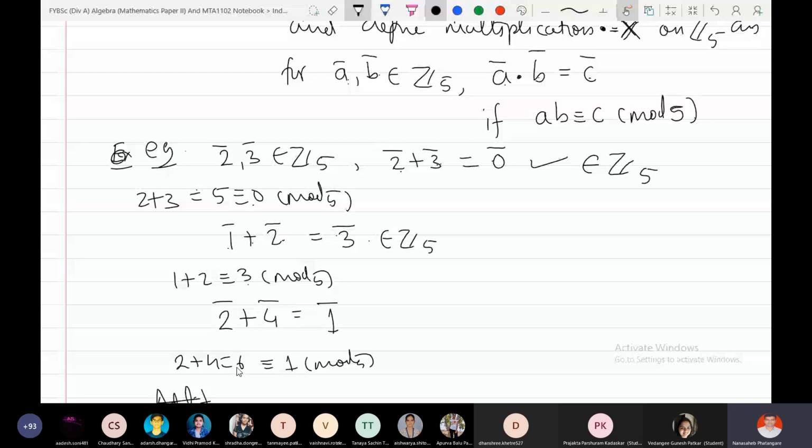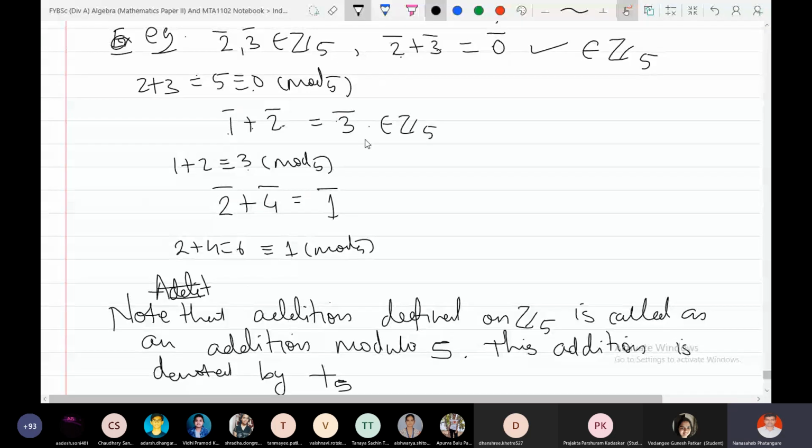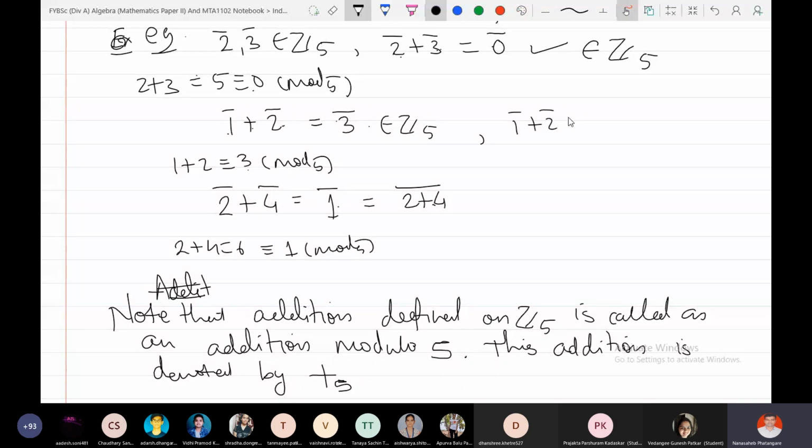Therefore, the addition of two classes is the class whose representative is the sum of representatives. Right, and basically this is 2 plus 4, its class, because class of 1 and class of 6 is the same. 1 bar plus 2 bar is basically 1 plus 2, whatever is its class, that means class of 3. Is it clear? Do you understand what I am saying?